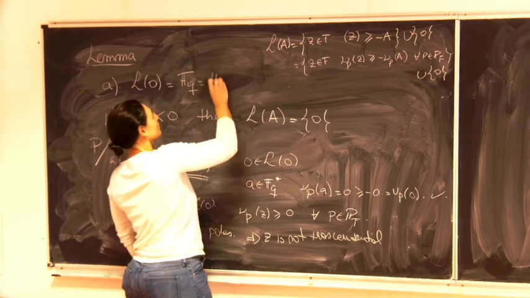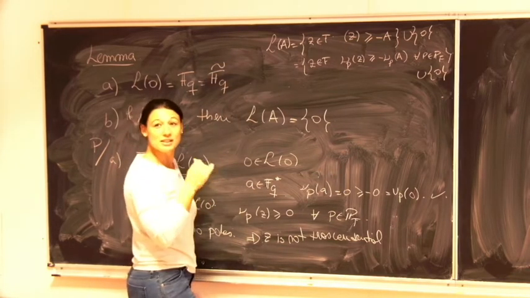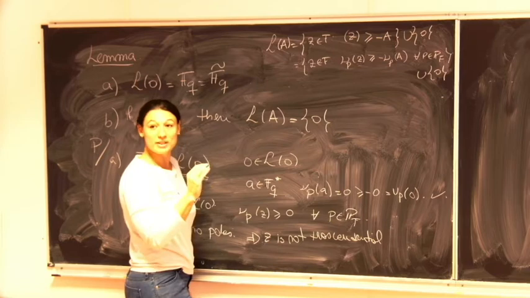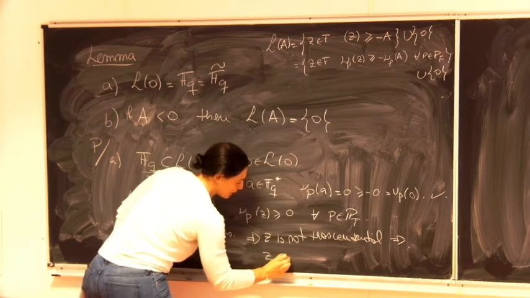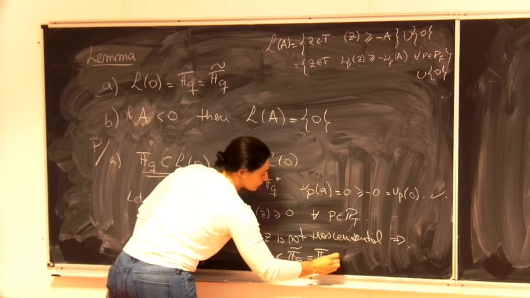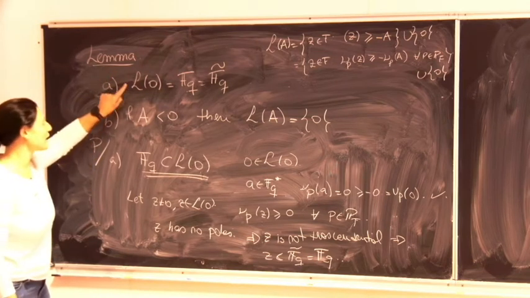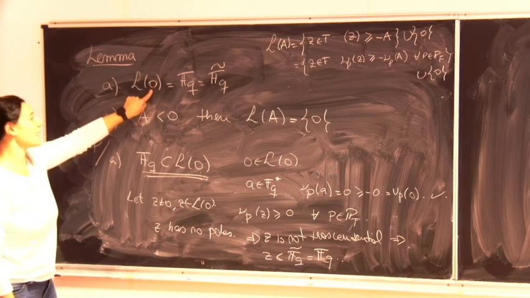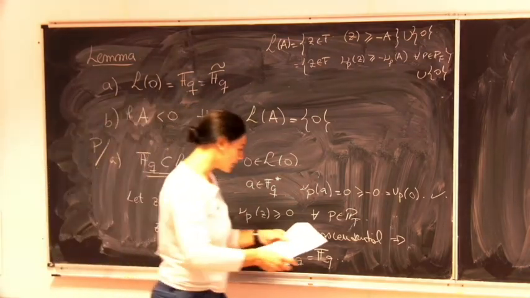So this is also F_q tilde. That was our general hypothesis that we asked when we started. And so c belongs to F_q tilde, which is F_q. So in this case, if we are considering the zero divisor, what we get is only the constants.